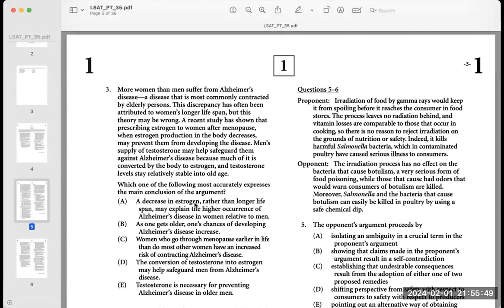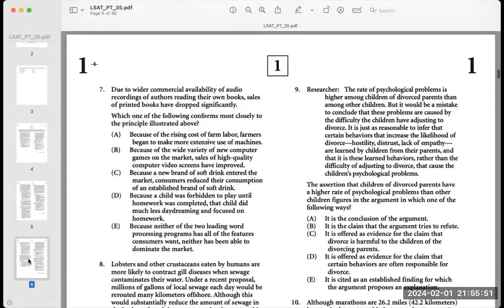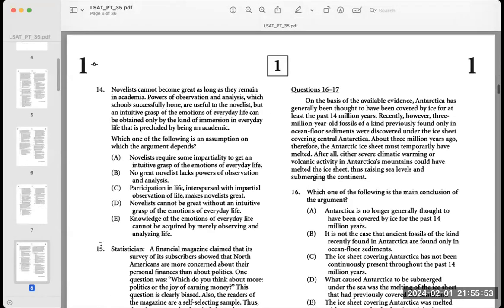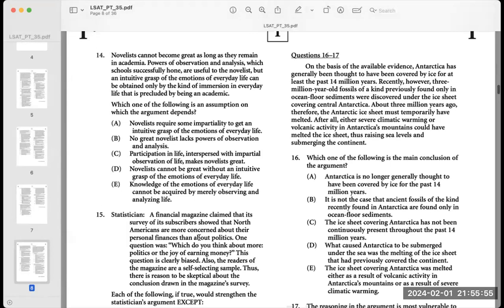So, question 16 for this one. Okay, another main conclusion question, likely another difficult one. Great. So, on the basis of the available evidence, Antarctica has generally been thought... You start to see these patterns a lot, right?